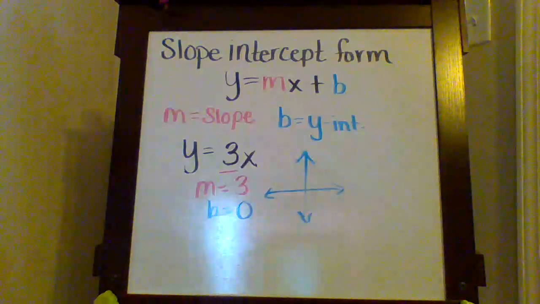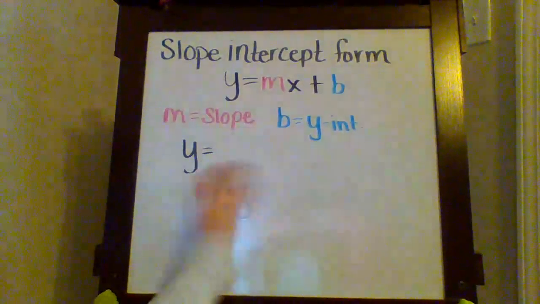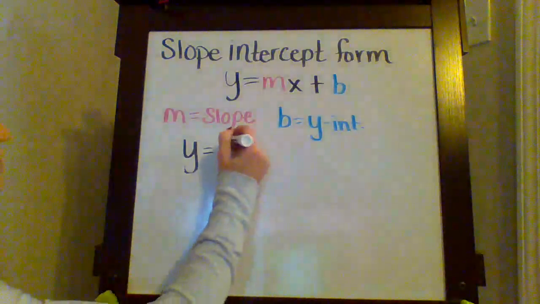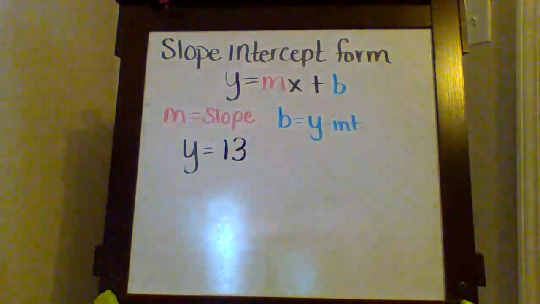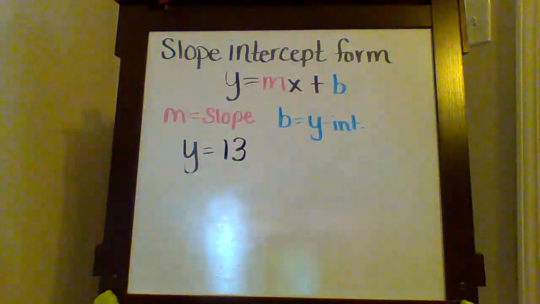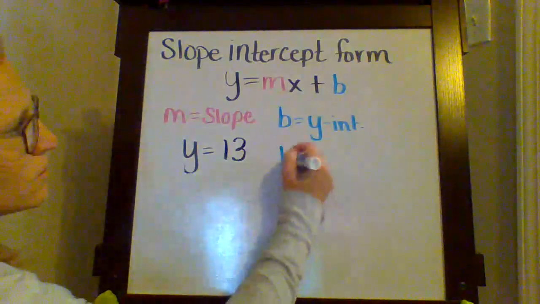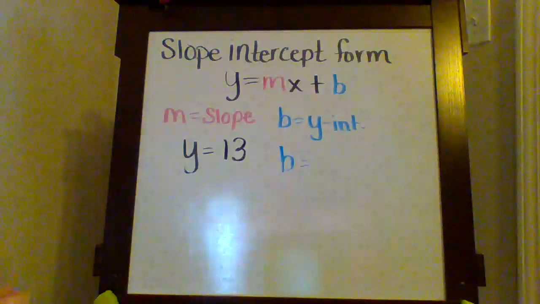Good job. All right. Another example that might not be super obvious would be, what if it just said something like y = 13? We still have to find a slope and we still have to find a y-intercept. Remember, b is our y-intercept, m is our slope.